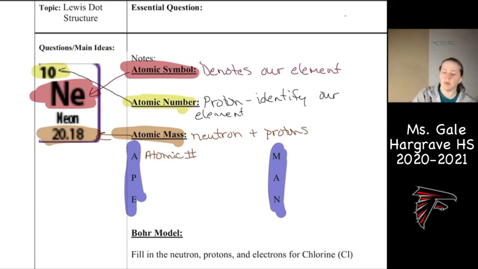So atomic number equals the number of protons, which also equals, if we are talking about a neutral element, and we will understand more about neutral compared to charged, or what we call ions, in just a few weeks, if it is not a charged element, our protons will equal our electrons. So for a neutral atom, protons will equal electrons.